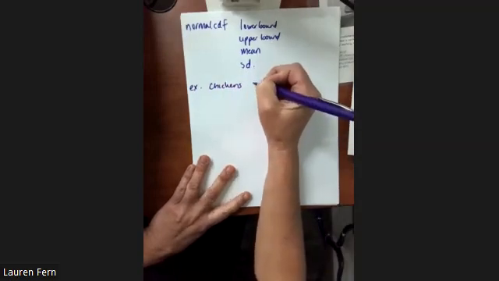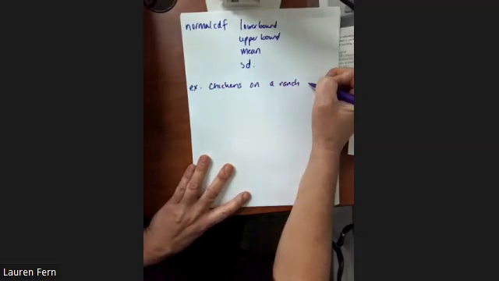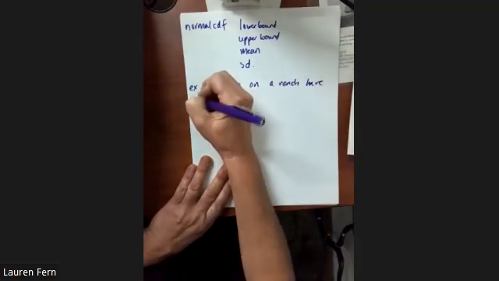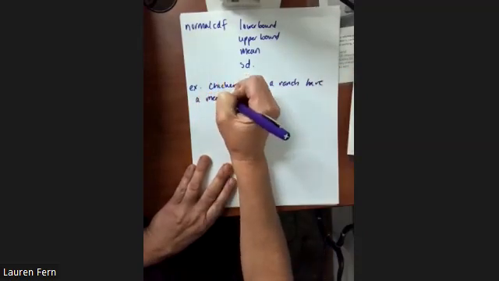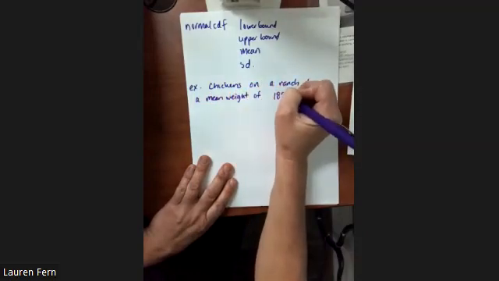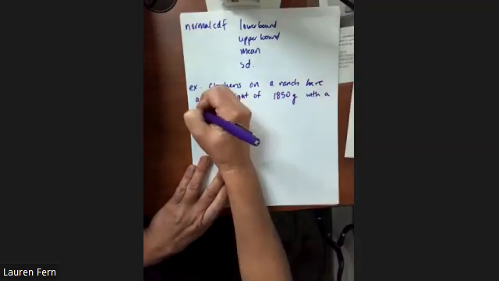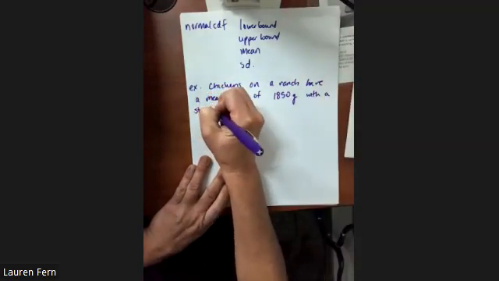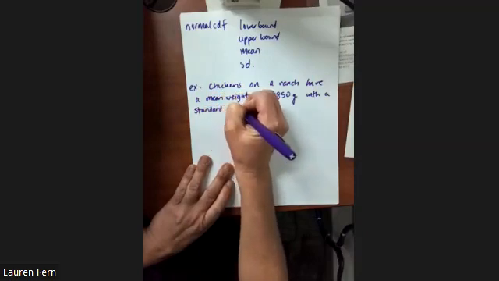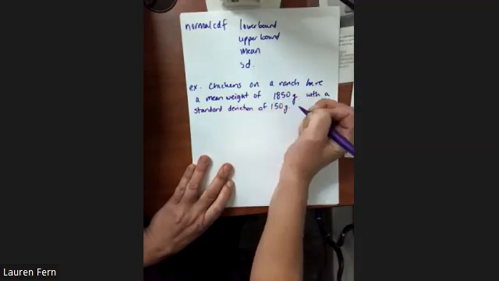So suppose chickens on a ranch have a mean weight of 1,850 grams with a standard deviation of 150 grams.